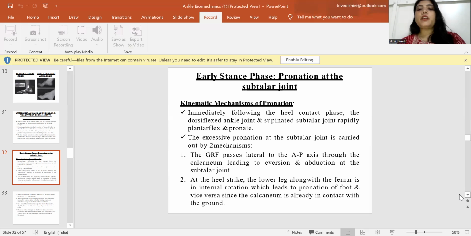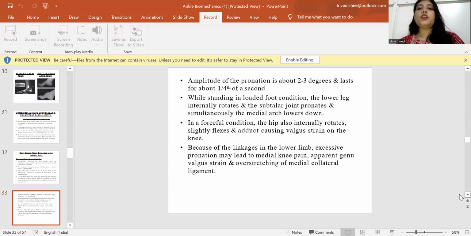At the heel strike, the lower leg along with the femur is in internal rotation, which leads to pronation of the foot, and vice versa, since the calcaneus is already in contact with the ground. Amplitude of the pronation is about 2 to 3 degrees and lasts for about 1 to 4 of a second. While standing in loaded foot condition, the lower leg internally rotates and the subtalar joint pronates and simultaneously the medial arch lowers down.